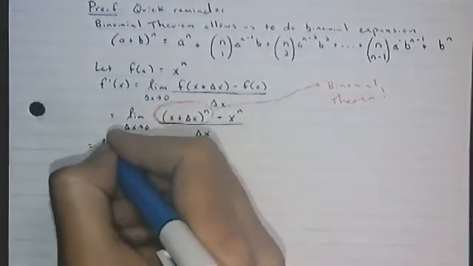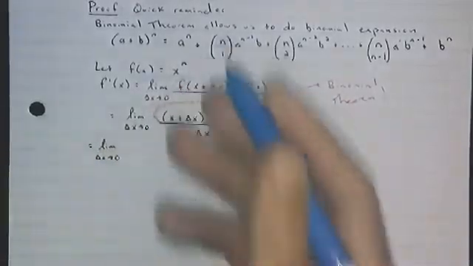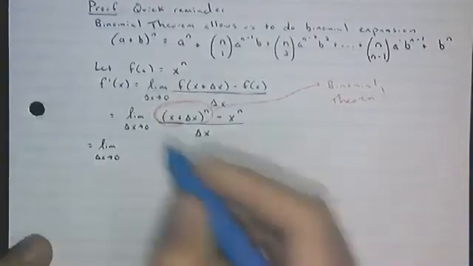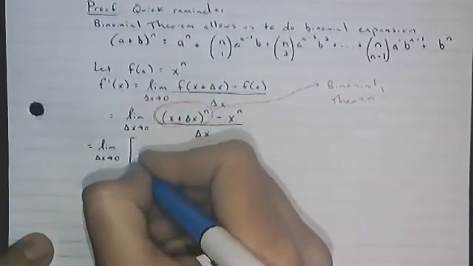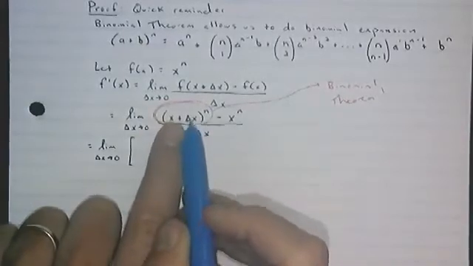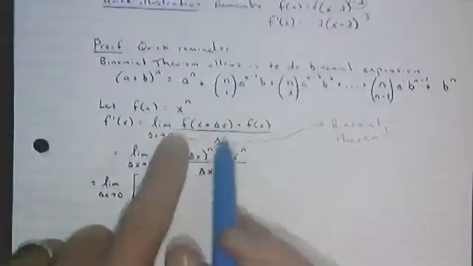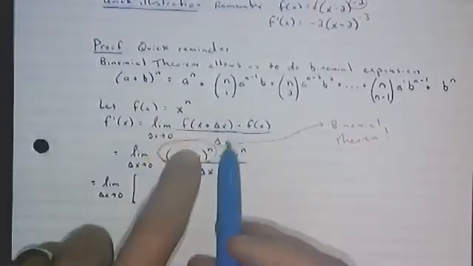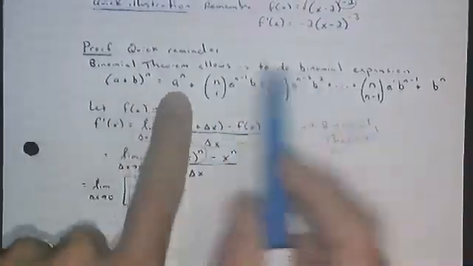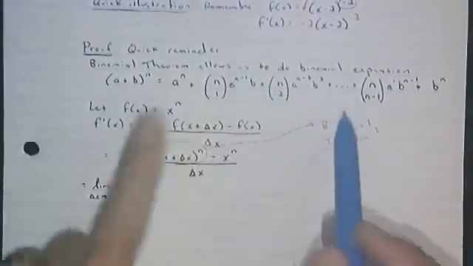So we're going to expand this and see what happens. This turns into the limit as delta x approaches 0. We're going to need like 2 lines up top. I'm going to do some big brackets. We're going to do the binomial theorem to expand x plus delta x raised to the nth power, where x will be a, delta x will be b. And so we're just going to basically plug in to this guy here.